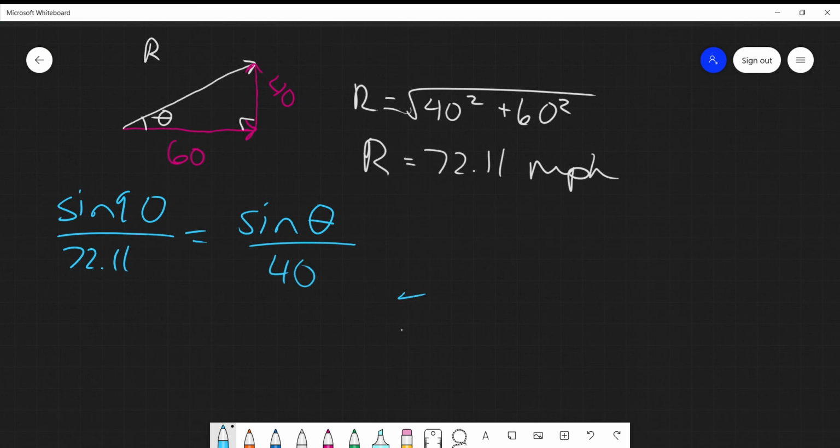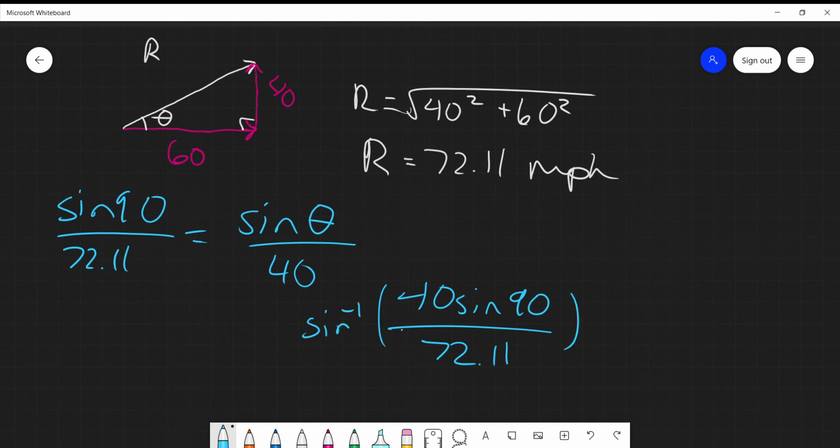So that becomes 40 sine of 90 divided by 72.11, and all of this is sine inversed to equal theta, which should equal the same number it's been equaling since part 1. Yep, 33.69. Okay. And that's theta.